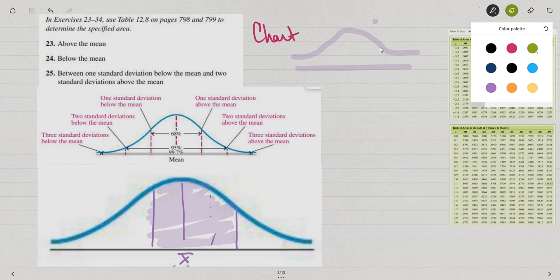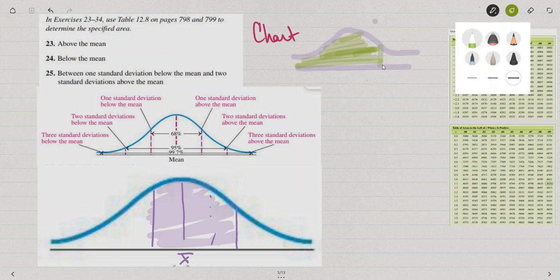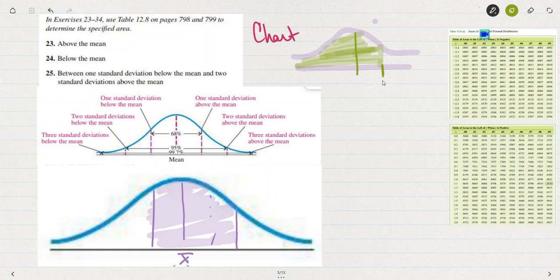The first thing I'm going to do is find all of this area to the left, everything to the left of 2 standard deviations to the right of the mean. I'm going to start with that.